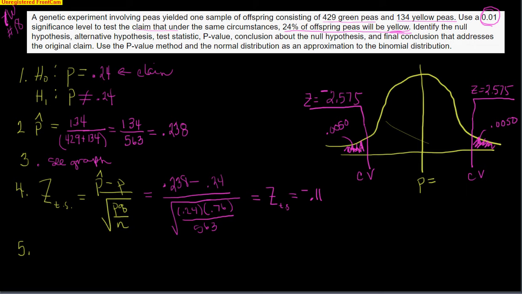Okay? So our next step is to go ahead and graph that on our normal distribution curve. I'm going to change colors here so we're really clear on this. I'm going to do my test statistic in blue. Okay, so here I am. Here's where p is 0.24 and negative 0.11 standard deviations below. We're negative, so we're below the mean, but we're not way out here at -2.